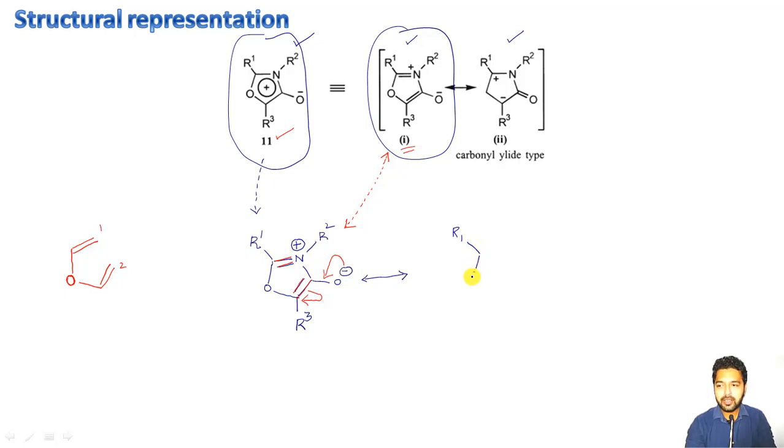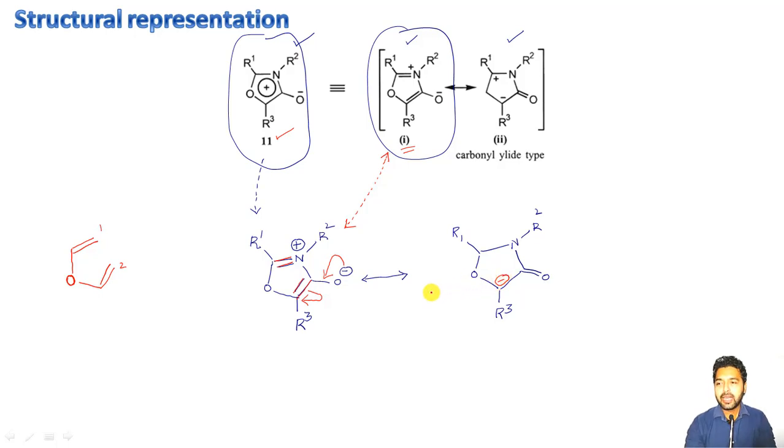So it will be oxygen here, single bond, the substituent R3, a single bond here. This will now become a double bond like this. Nitrogen having R2, the single bond here. Now this will be a double bond, and when these two pi electrons appear on this carbon atom, they will be present in the form of a negative charge like this.